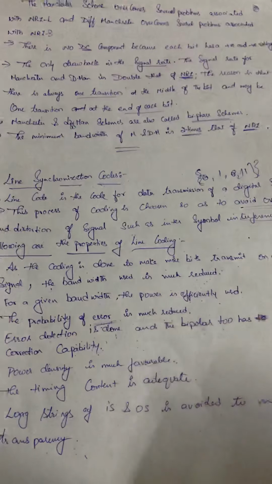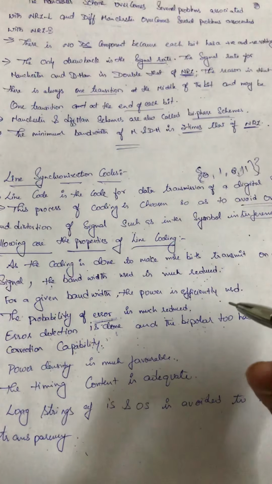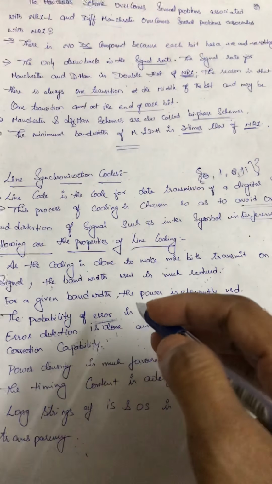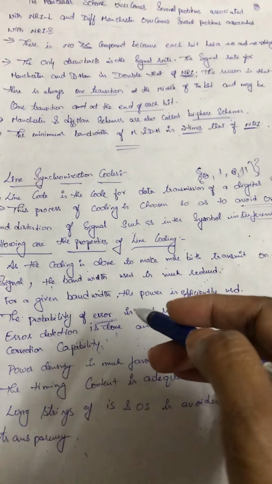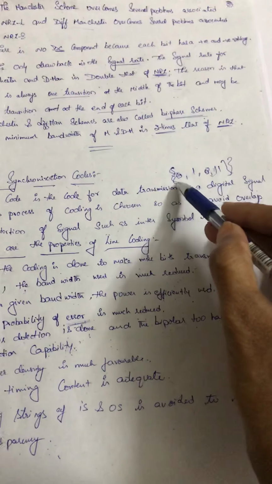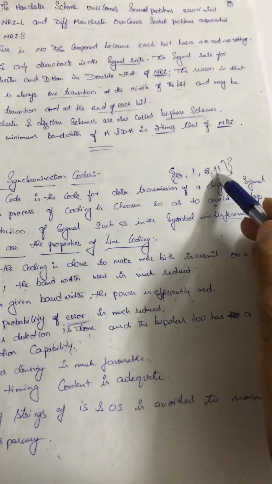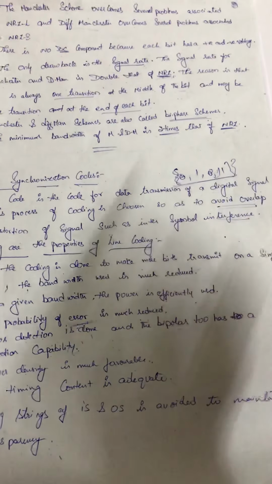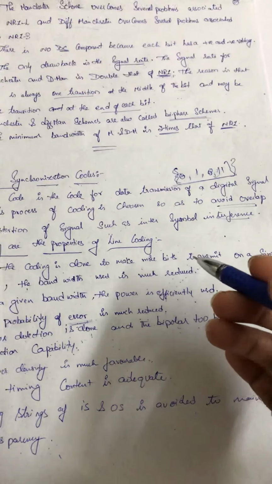So line code is a code for data transmission of digital signals, meaning all the binary data. For example, what is binary data? Zeros and ones, right? So 0 1 0 1 1, let us take this. All this binary data can be converted into digital signals.